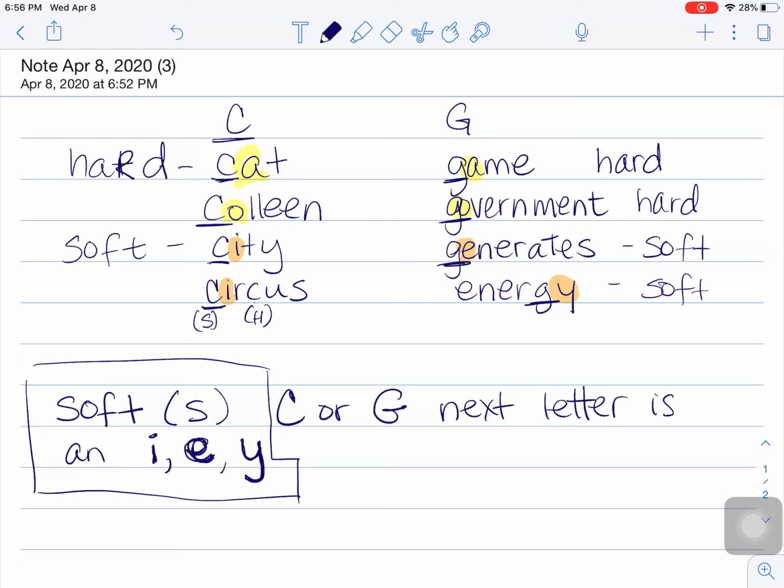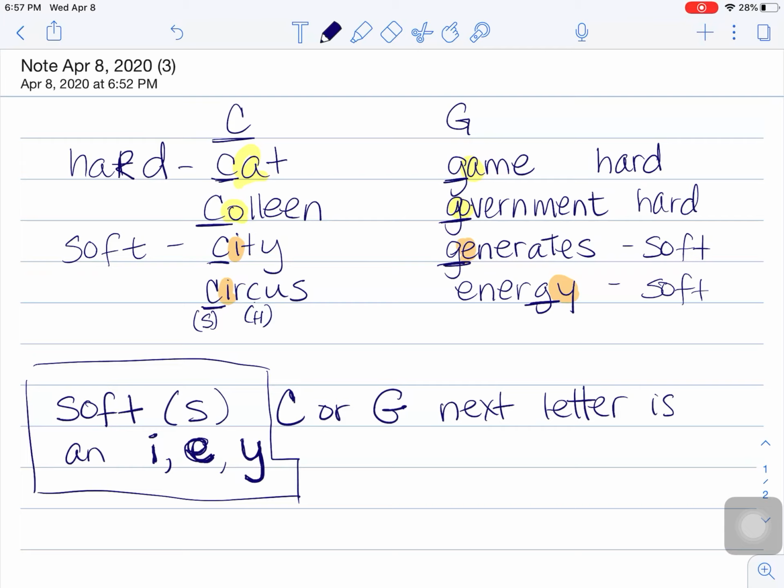Soft letters, if it follows an I, E, or a Y, follows the C or the G. If it's any other letter, A or an O, right, then it's going to be a hard sound.